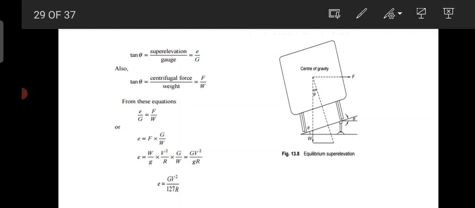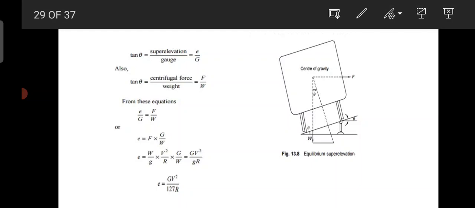So tan theta is equal to centrifugal force divided by weight, which is F divided by W. From this, both are tan theta, so e by G is equal to F by W.